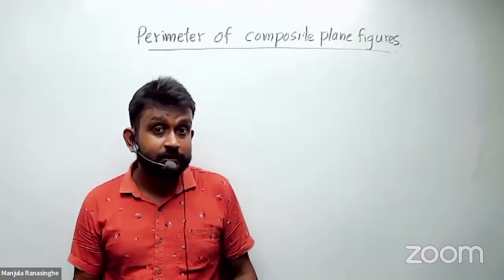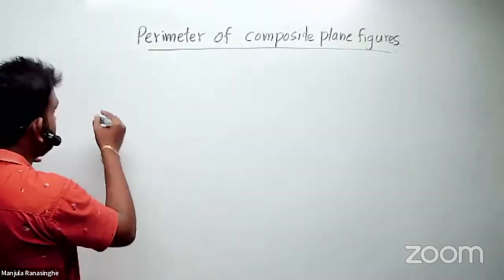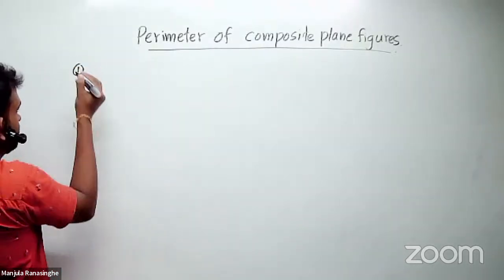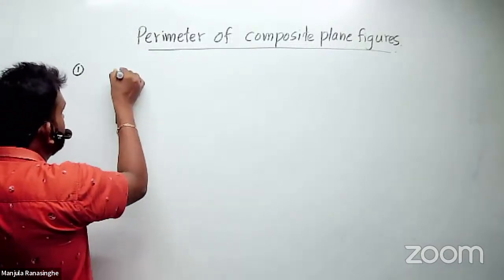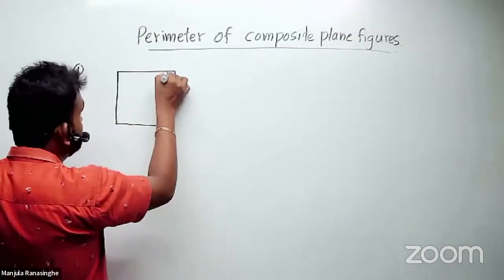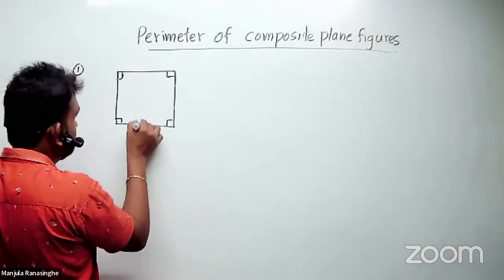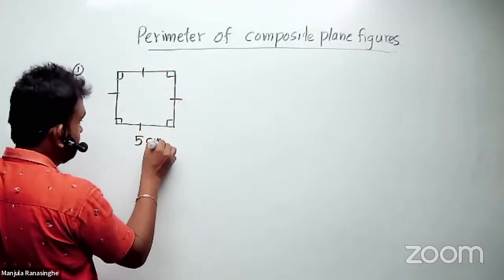So now we are doing composite plane figures. Imagine this is the figure. I have a square, a basic figure with side length 5 centimeter.